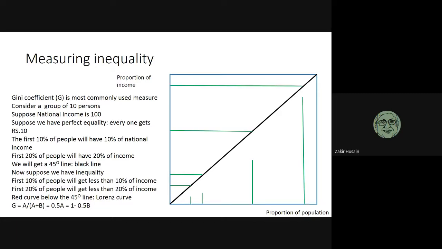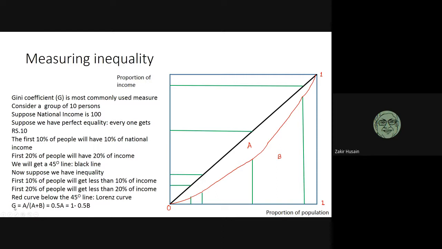So in an unequal state, we are going to end up not on the 45-degree line, but on points below the 45-degree line. And if we connect it, we get what is known as the Lorenz curve. We will get a curve below the 45-degree line. And the further away the line is from the 45-degree line, the more inequality exists in the society.